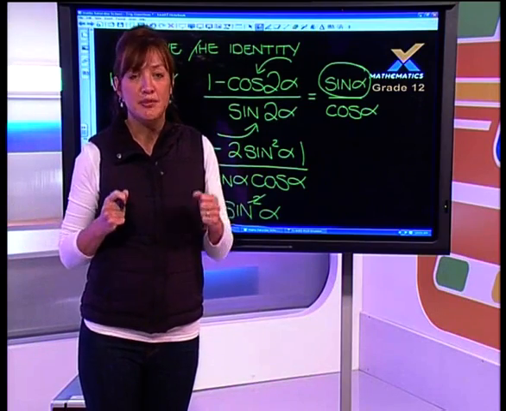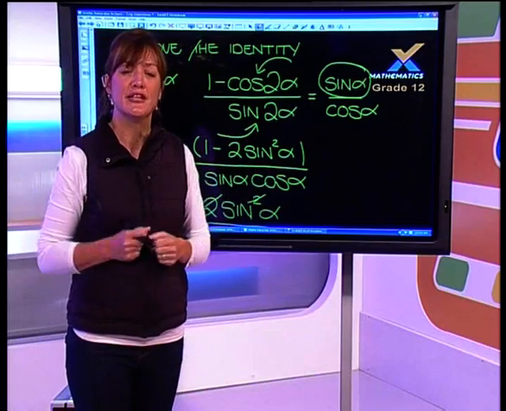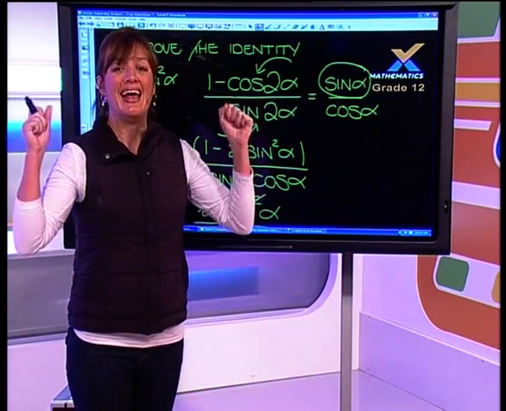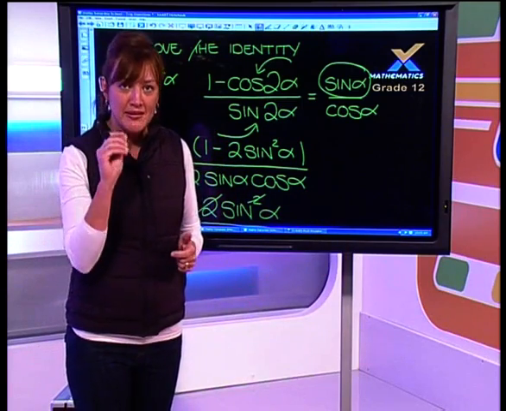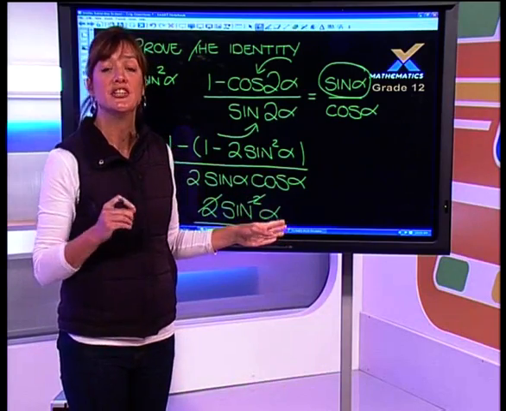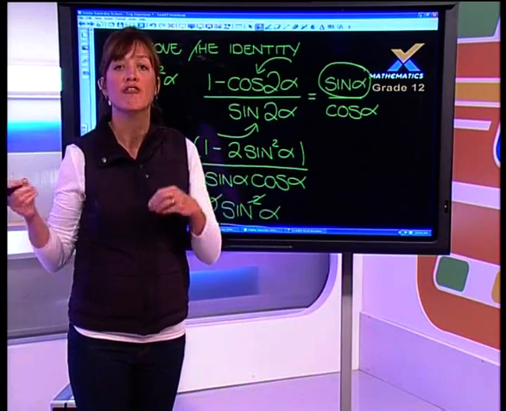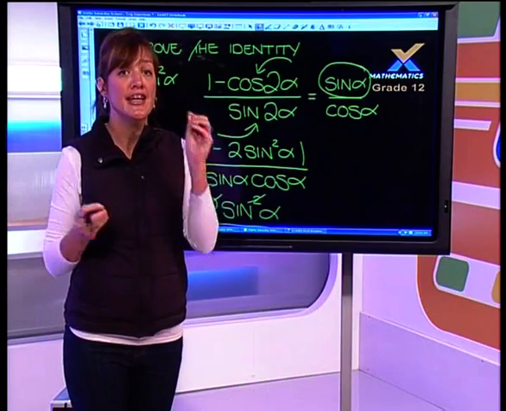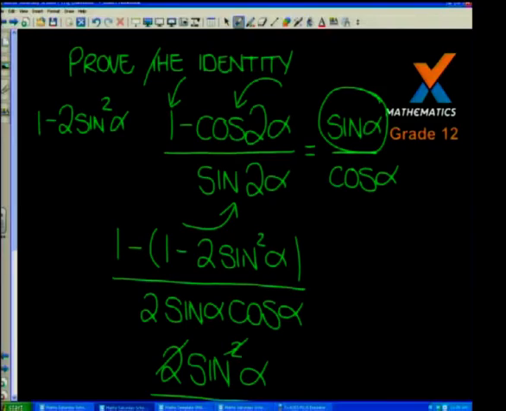Another quick little tip to bear in mind: if you are doing an identity, and you've hit a bit of a brick wall, you're not getting anywhere, and you've tried as much as you can, just remember this as well. It doesn't apply to this particular question, but I'm going to mention it, okay? If you ever have a value of 1, that is actually a very handy value to have, because don't forget that 1 can convert to sine squared theta plus cos squared theta.